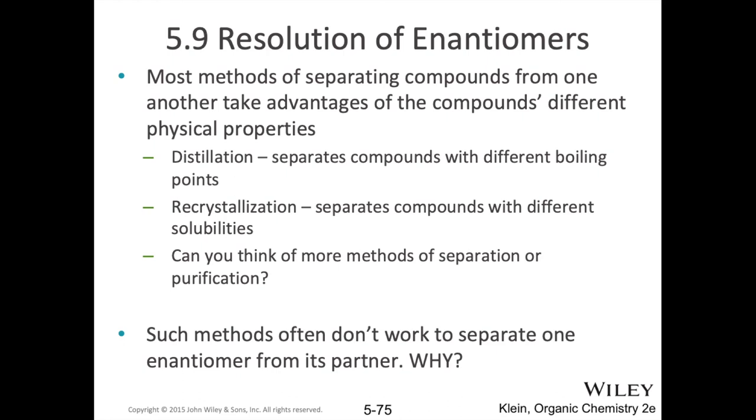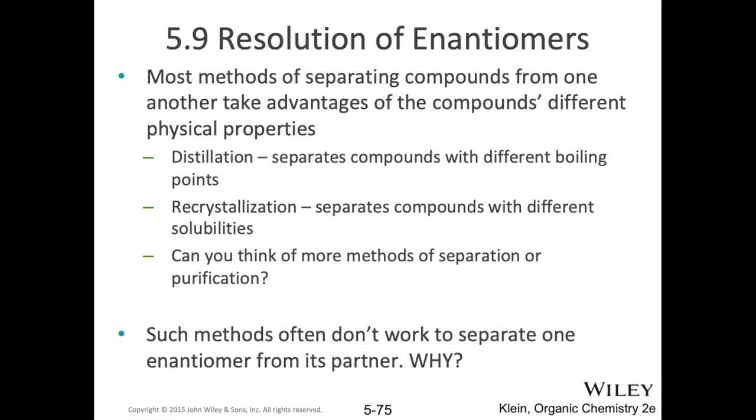All right, so how do we separate mixtures of enantiomers? We mentioned earlier that this is kind of difficult because the physical properties of our enantiomers are so similar, right? We mentioned that with the example of R and S carvone, they had the same melting point and boiling point, so we can't use distillation because you need different boiling points for that.